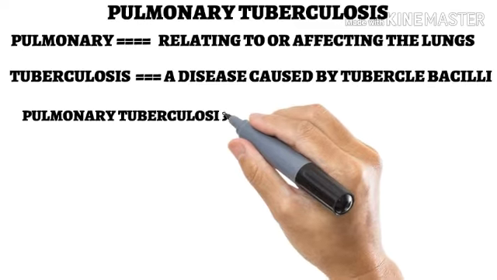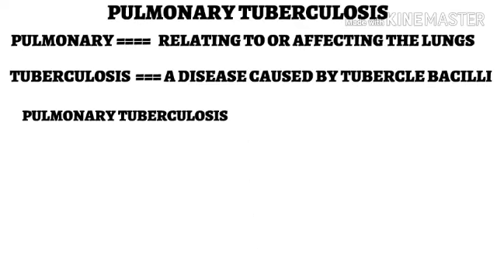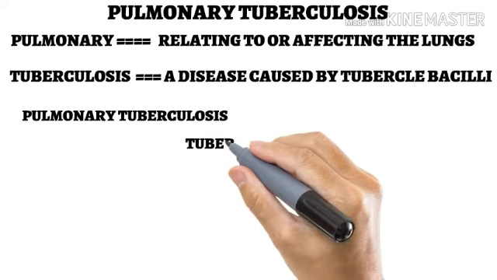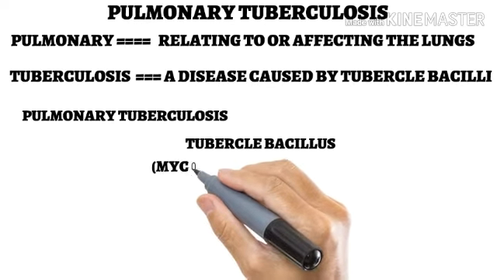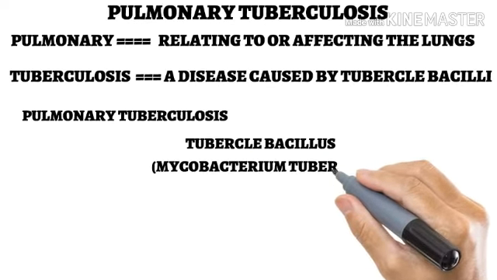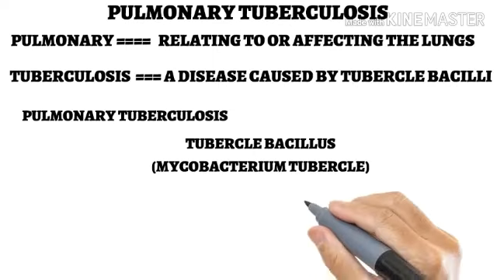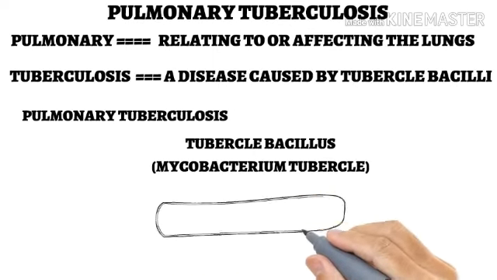Pulmonary tuberculosis is caused by a microorganism called the tubercle bacilli, also called the Mycobacterium tubercle, and that is its shape.